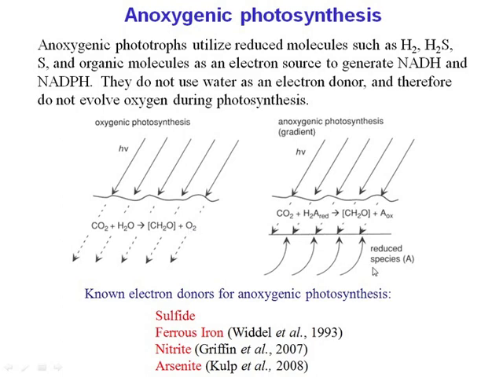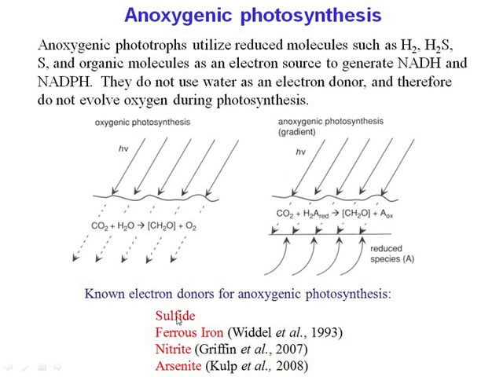The older form of photosynthesis that evolved before this lacks the part of the photosystem that drives the splitting of the water molecule. So in order to reduce CO2 to organic carbon, they need some reduced species in the environment that they can use as a reductant. And in the process, instead of producing oxygen, they produce an oxidized form of whatever they're using as the electron donor.